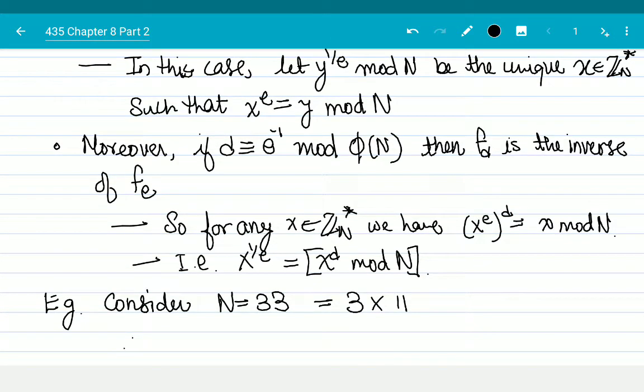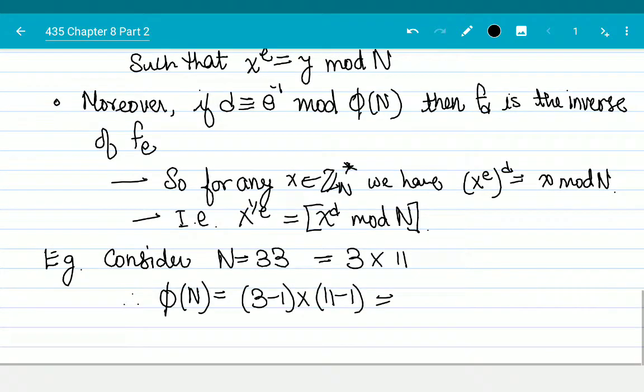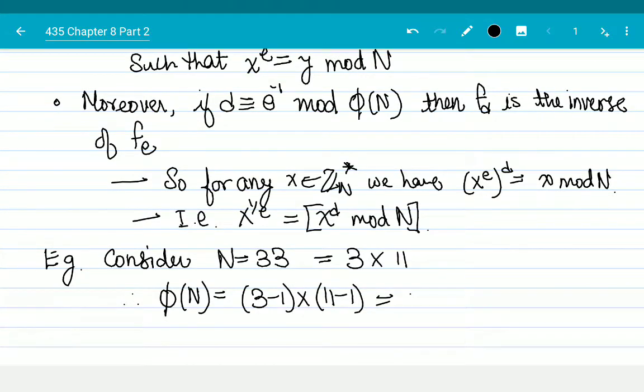Therefore, from what I said last time, phi of n is equal to 3 minus 1 times 11 minus 1, which is 20. So if e is equal to 7, then d is equal to 3.